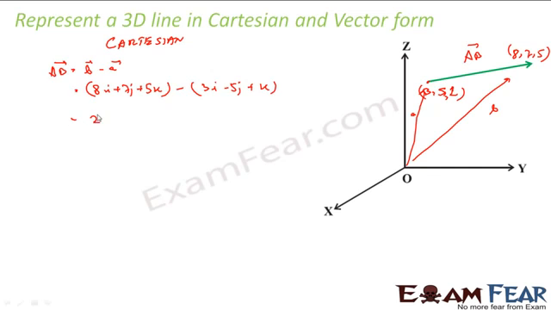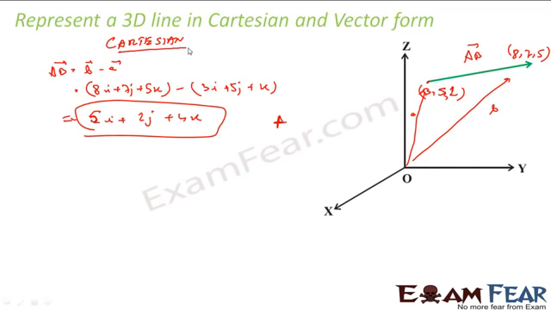So subtract, this is 5i plus 2j plus 4k. This is a vector representation. This is easy because we know how to find it for 2D. A similar concept we can use for 3D, but finding the Cartesian form of the 3D equation is difficult.